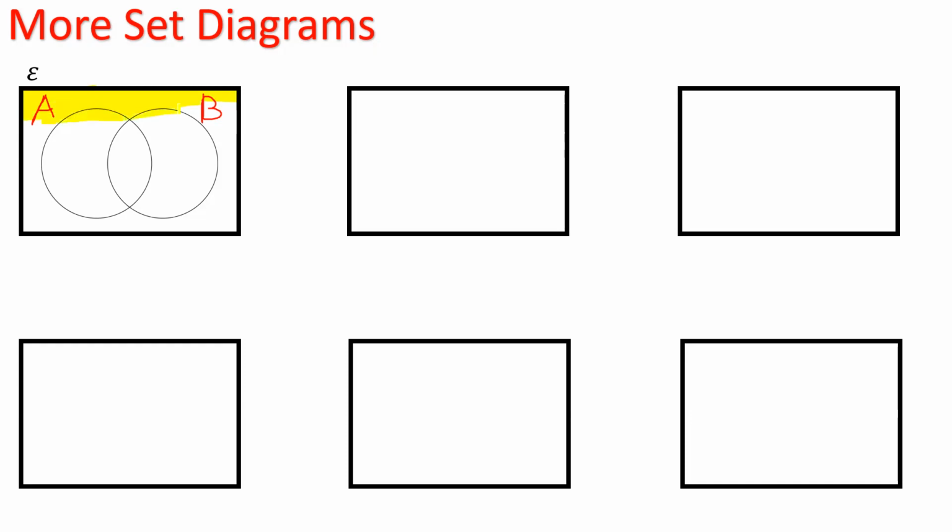So that's the difference between the universal set and the union, because the union just includes A and B, but the universal set is everything in A and B combined, all right? That's the universal set. Is that clear? Hello, is that clear?